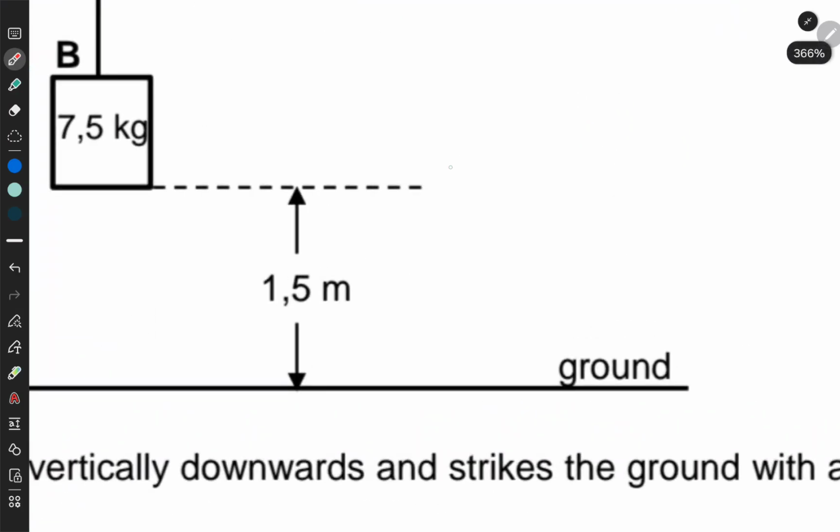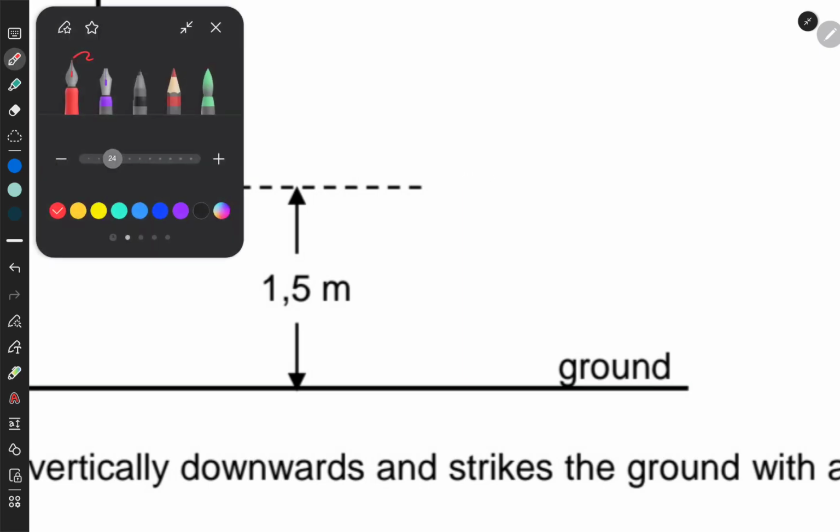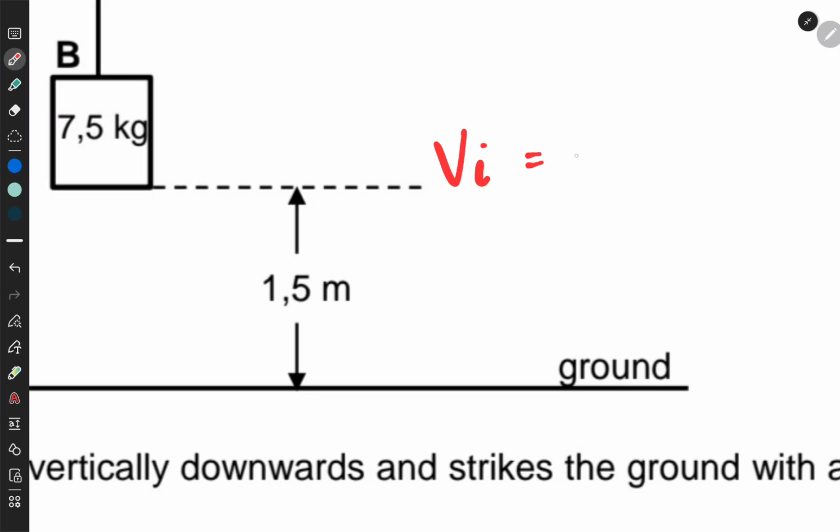What does it mean? It means our initial velocity, we usually call it VI. VI simply means V initial, ne? We'll call it VI was 0 meters per second. Why? Because it was initially stationary.